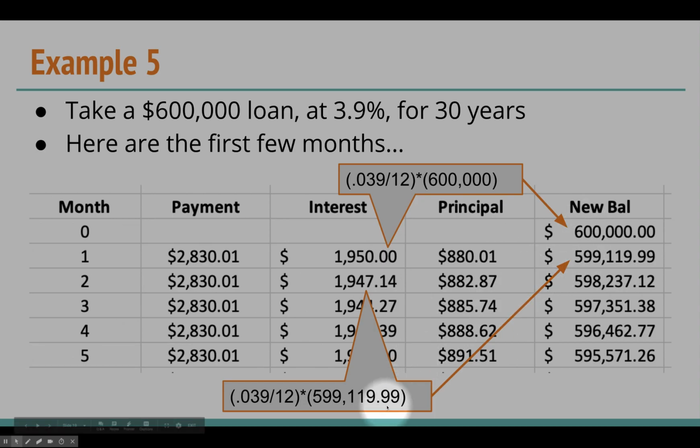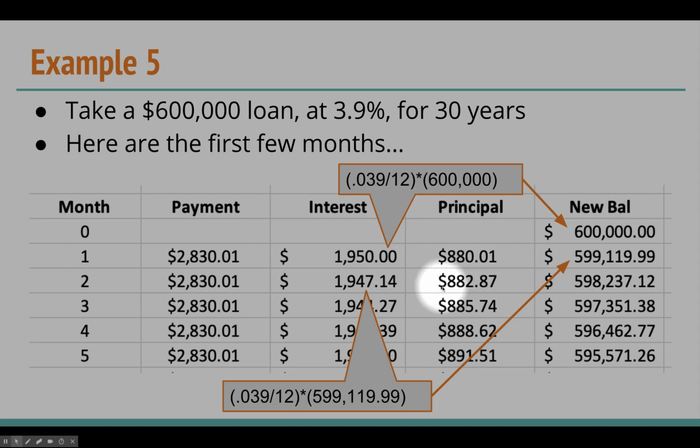So if I take the new balance, which is here, and I multiply by the monthly interest rate, which is the same thing as it was back up here for month 1, then I'm going to get $1,947.14. So I'm going to have a little bit less interest that I'm paying, which is good, because that means that the amount that I pay down the loan by is going to get a little bit larger than it was in the previous month.